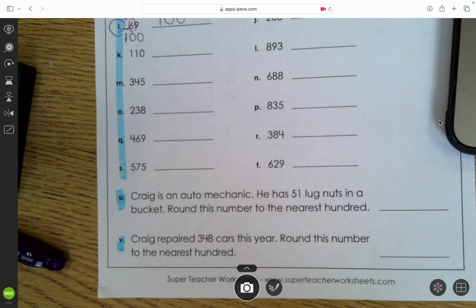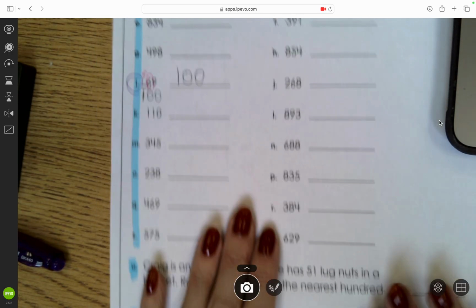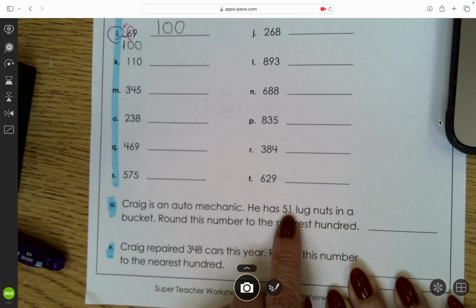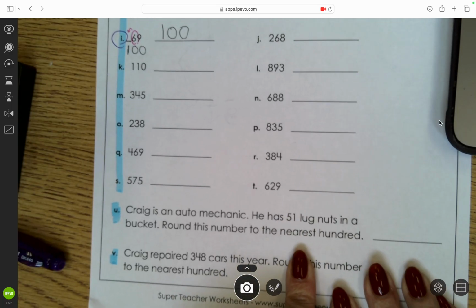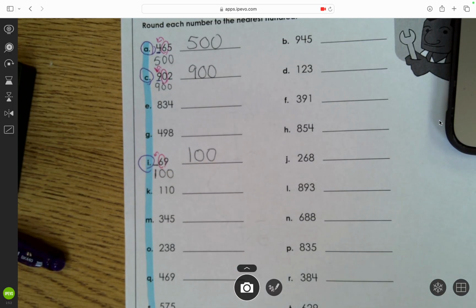Craig is an auto mechanic, so he works on cars. He has 51 lug nuts in a bucket. Round this number to the nearest 100. So you're going to follow the same rounding rules. We're going to round this number 51 to the nearest 100. So you're going to do something similar to this, okay?